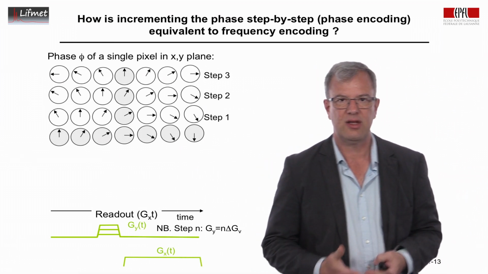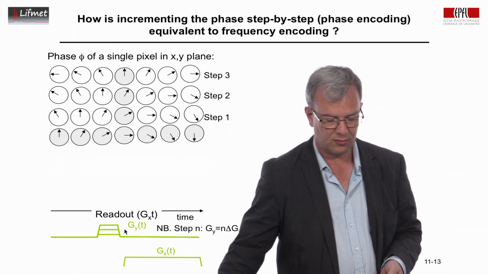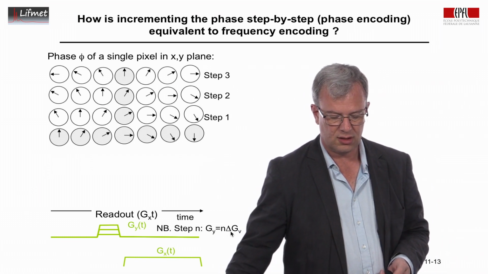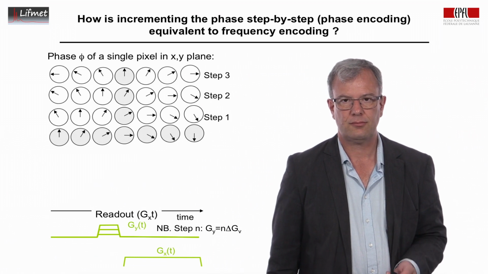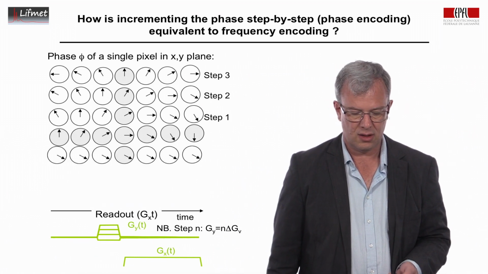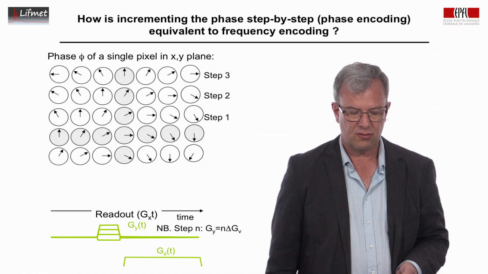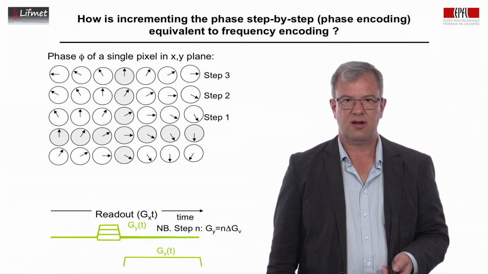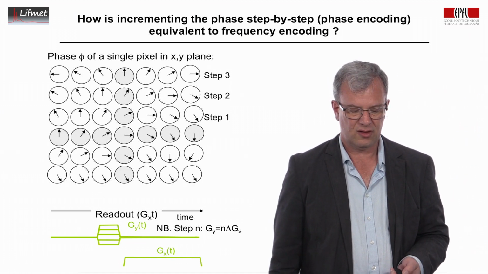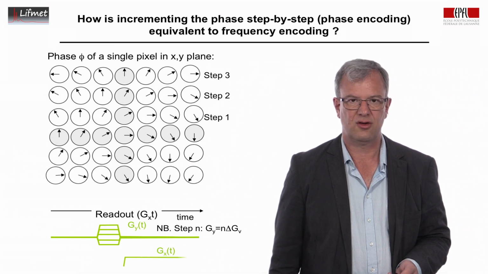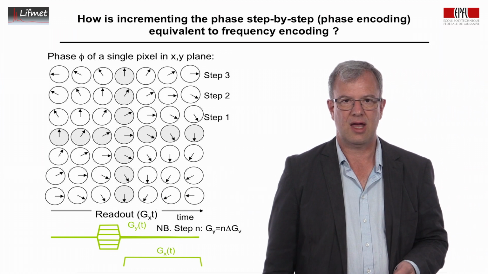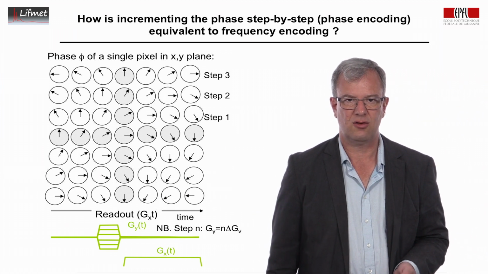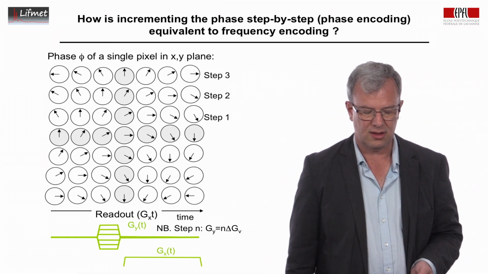Now for each of the n steps, the gradient applied is proportional to delta gy, so it increases linearly. If we go in the opposite direction, we'll have the starting phase of the magnetization in the opposite direction, twice the opposite direction, and 3 times the opposite direction, again with the phase being twisted by the readout gradient.